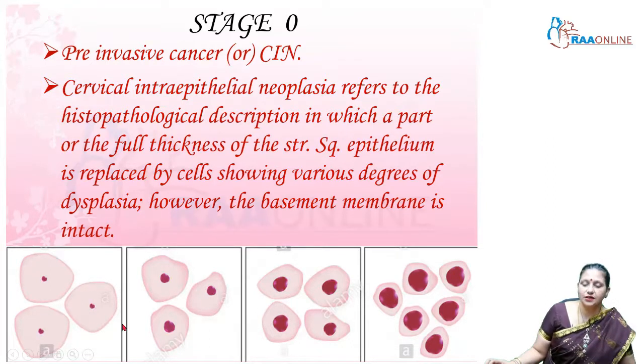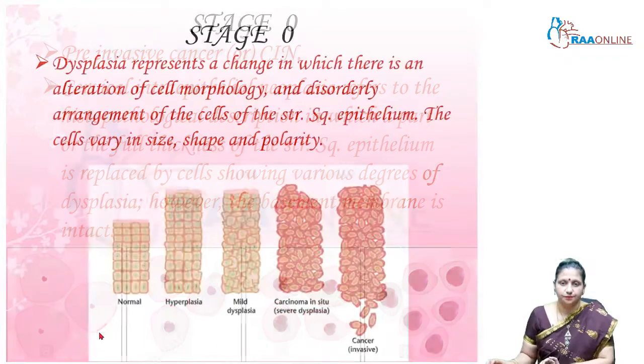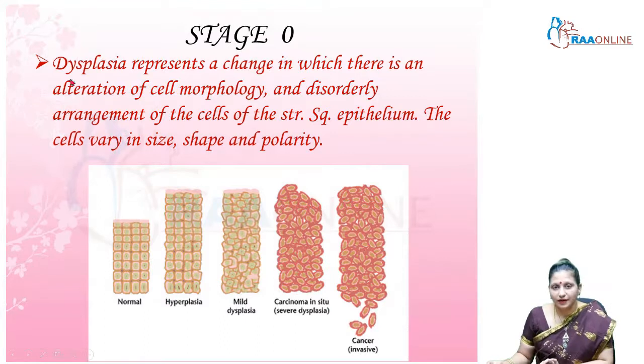So, this is a slide showing the degrees of dysplasia. This cell is really dysplastic because there is a deeply staining irregular large nucleus, increased nucleocytoplasmic ratio, whereas this is a normal superficial squamous cervical cell. Now, coming to dysplasia.